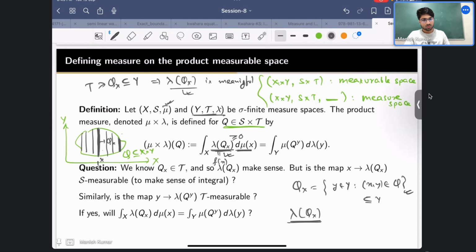That is a function of x: as you change x, these values change. The set itself is changing, so Qx is changing, and the measure will also change. So this is a function of x, and since this function is non-negative, we can integrate it over X.